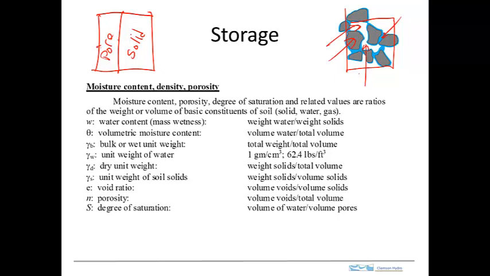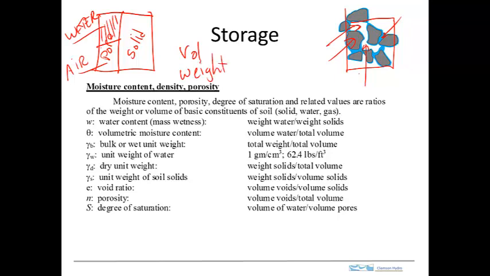So we might just cut that in half and say, well, there's water in there and there's air in there. Okay, so just a very idealized conceptualization, and we could measure these different components by either determining their volume or their weight.